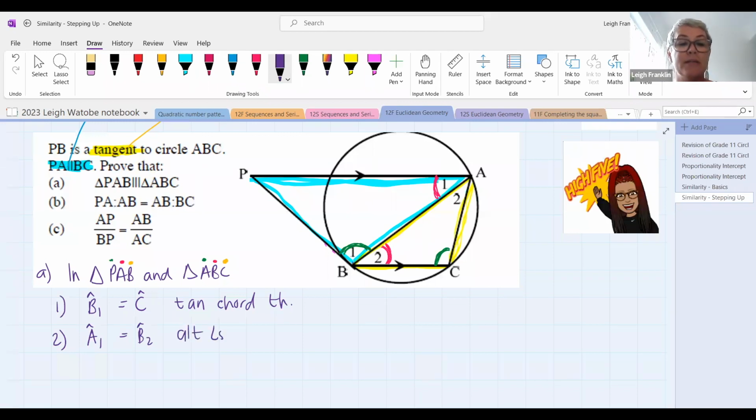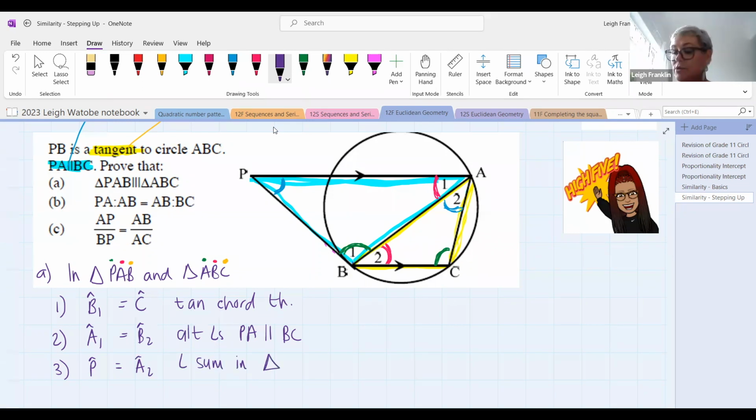And then we mustn't forget to name the parallel lines because PA is parallel to BC. So now we can conclude the last pair of angles is going to be angle P and angle A2. And they are equal because, like you said, the angles of a triangle sum up to 180. So that is equal to A2, angles sum in triangle.